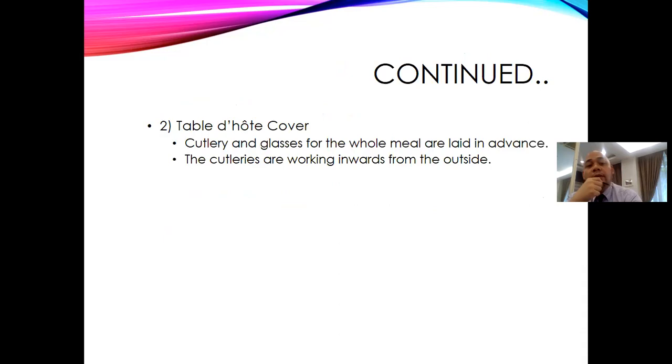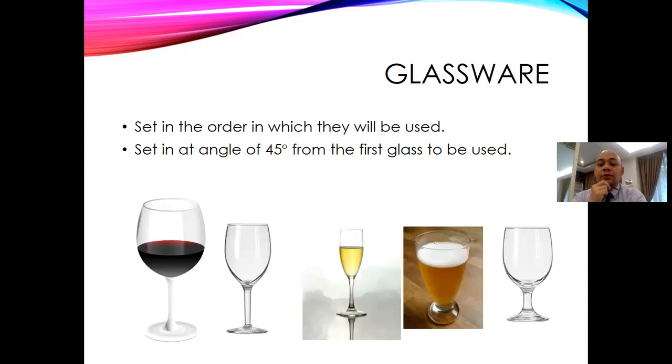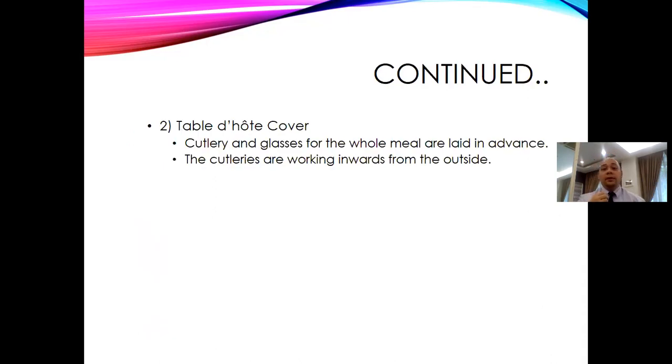Compared to this one here, tabletop cover basically indicates that the menu has very limited choice, and therefore the waiter or people who have knowledge in table etiquette will know how much food the restaurant is going to serve the customer. The cutlery is worked inwards from outwards. Meaning that for the tabletop there is a lot of cutlery, but it is set at that particular moment.